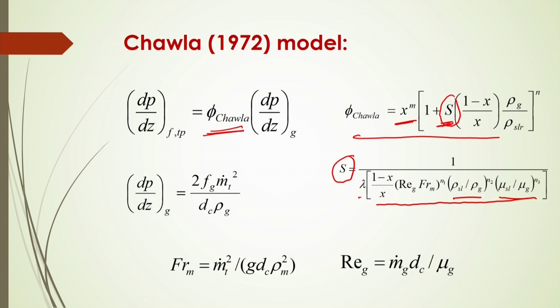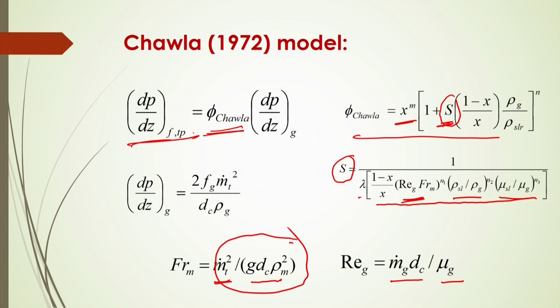This parameter depends on the different operating conditions, and here the Reynolds number of gas is defined as m dot g dc by mu g, whereas the Froude number is the total mixture flow rate square divided by g dc into rho m square. So, by this the Froude number is defined. If you know this Froude number, you can calculate, and if you substitute here and make correlations with the experimental data for this S, then you will be able to calculate the total frictional pressure drop.